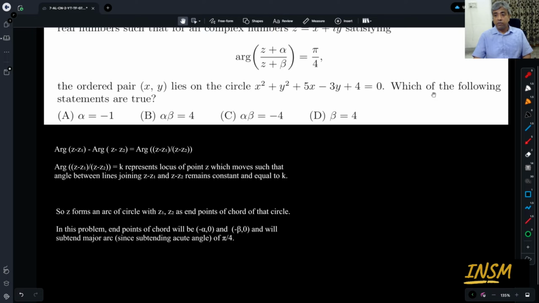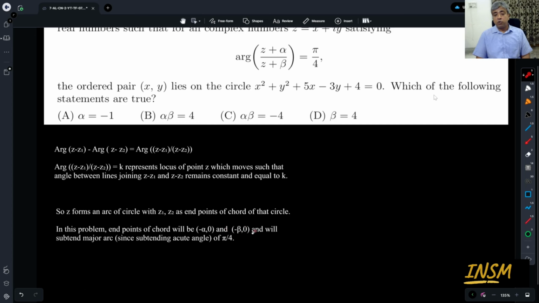So in this problem, our endpoints are (minus alpha, 0) and (minus beta, 0), because they both are real numbers.